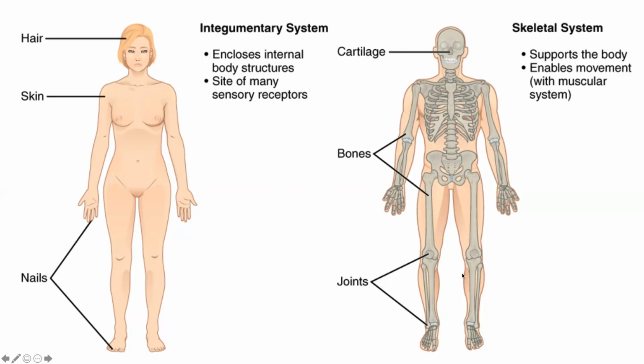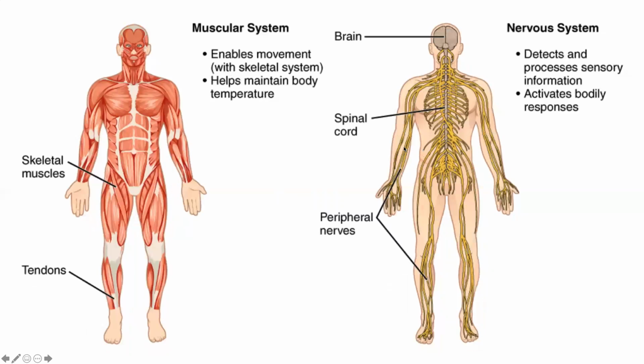The muscular system moves the bones and joints, and also helps to maintain body temperature. The nervous system includes the brain, the spinal cord, and all the peripheral nerves coming out from the spinal cord and the brain.